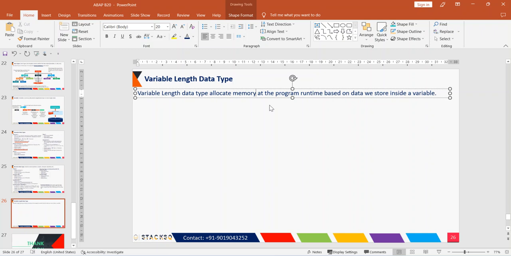Okay, and one more thing that we should remember is that when we don't know the length of the data, or the length of the data is only known at program runtime, then you can use these data types.